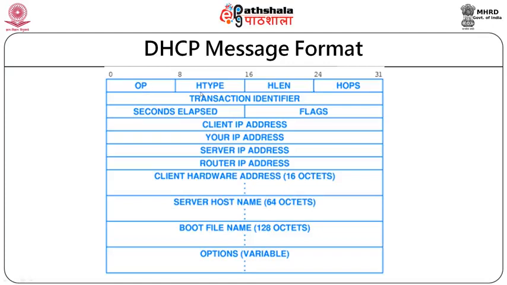So H type is the hardware type, then hardware length, and hops is basically a counter which we are using as a counter. Then we have transaction identifier, seconds elapsed, flags, client IP address, your IP address, server IP address, router IP address, client hardware address, that is 16 octets, server host name 64 octets, then boot file name 128 octets, then options.